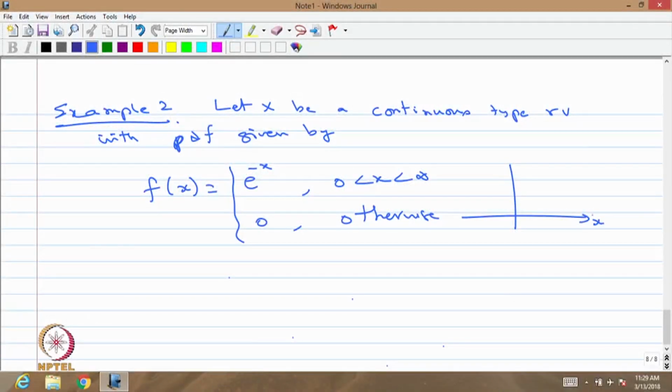So, you can draw the probability density function. e power minus x goes down, asymptotically touching 0 at infinity, and f of x is 0 till 0.